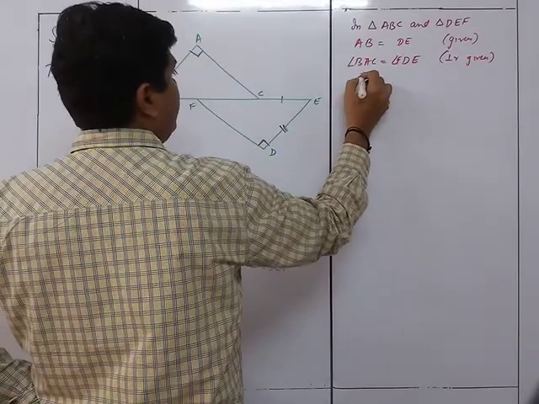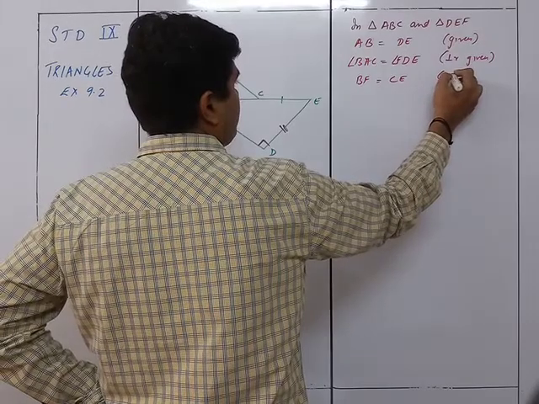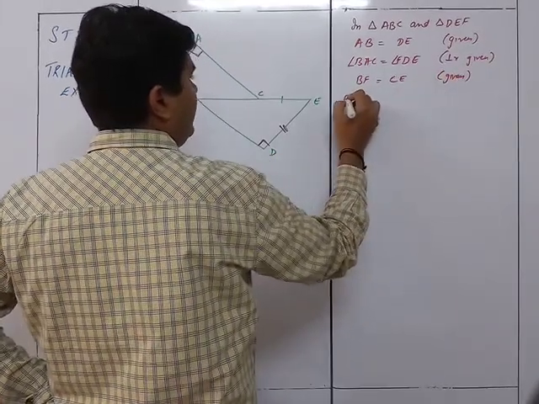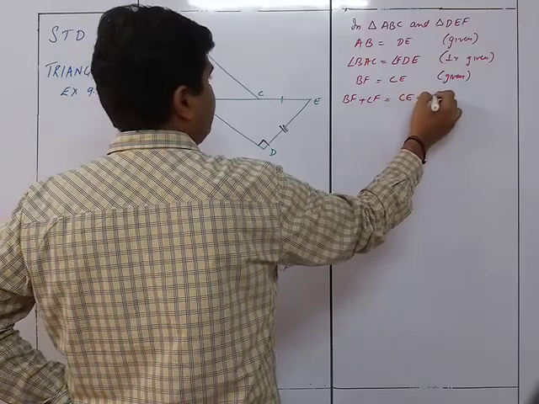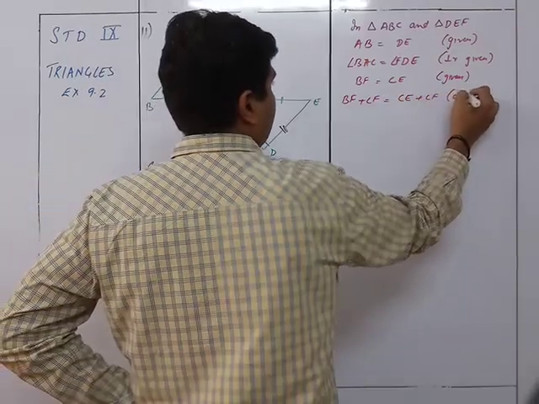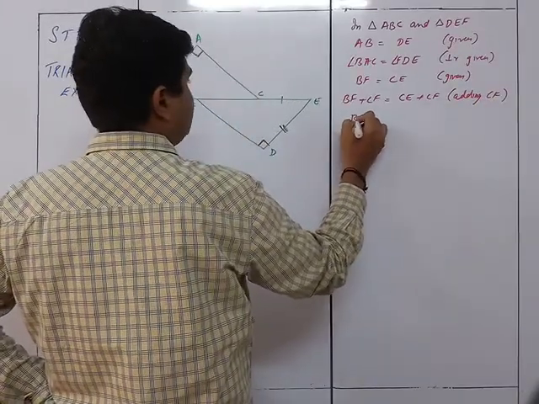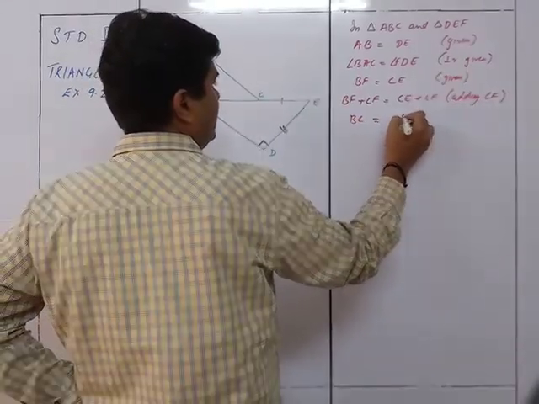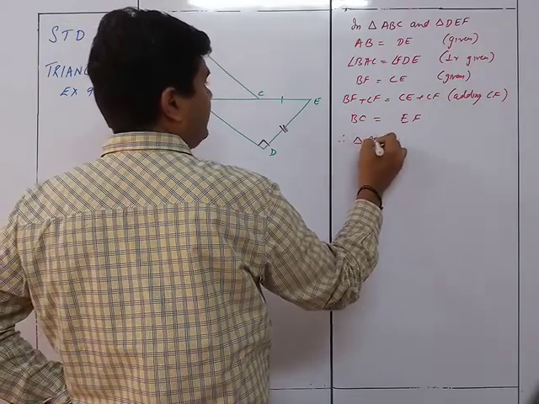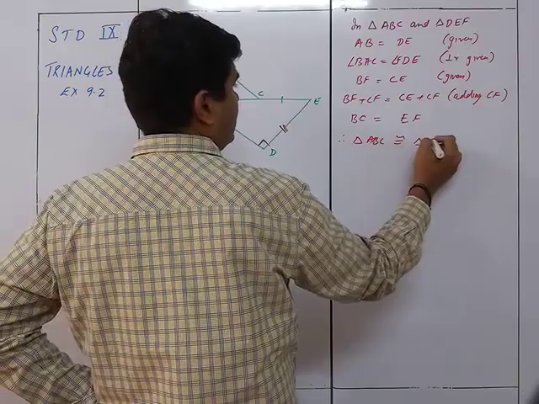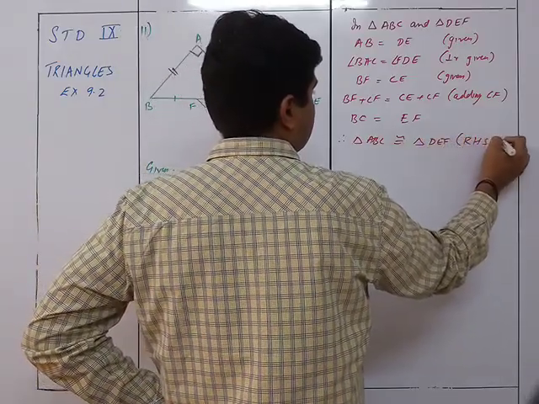And finally BF is equal to CE, given. So BF plus CF is equal to CE plus CF, adding CF. So we get BC is equal to EF. Therefore, triangle ABC is congruent to triangle DEF by RHS test.